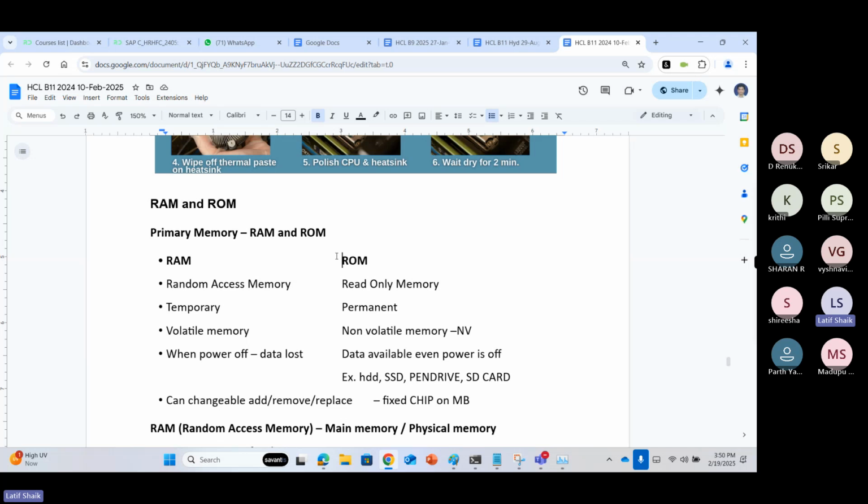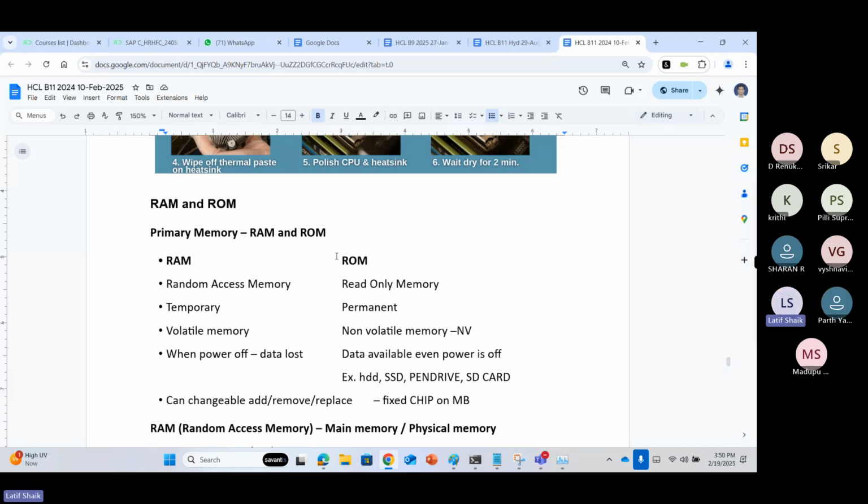Again, RAM is a volatile memory. It never stores data permanently, it's a temporary memory. When I say volatile memory, when power is off, the data is gone. For example, I open this browser. A browser is an application, and the application-related data and instructions are loaded into your RAM, RAM to processor, processor to RAM.